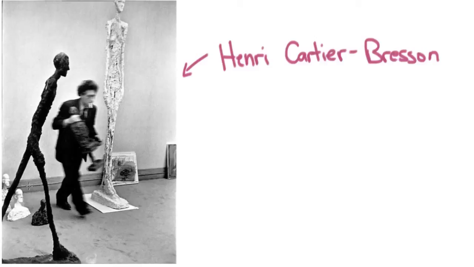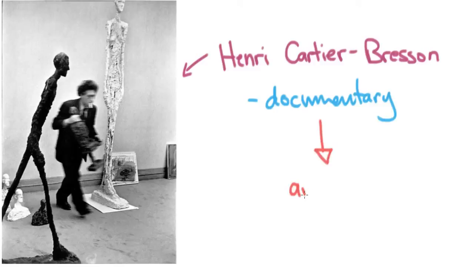He was one of the founders of Magnum, which is a huge photo agency, very important in the history of photography. And you can see here that you can shoot in documentary style. So this is a documentary photograph, but it can still be artistic. That is totally cool. You can be artistic. It doesn't necessarily have to be an art photograph.